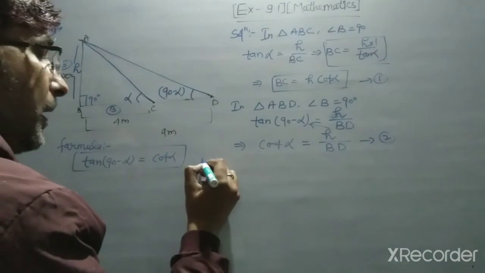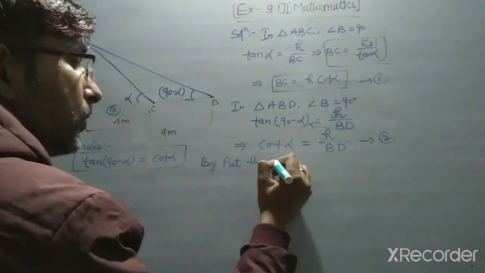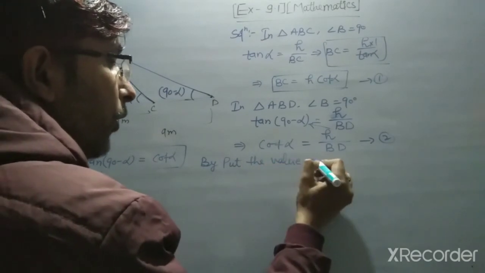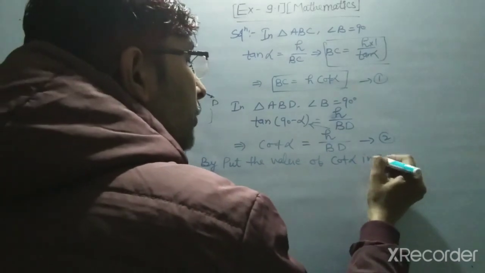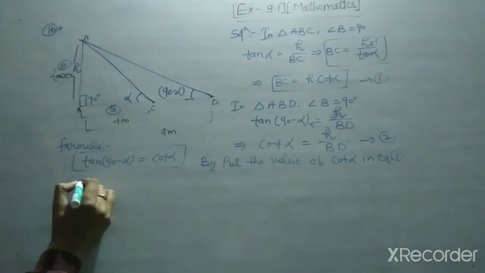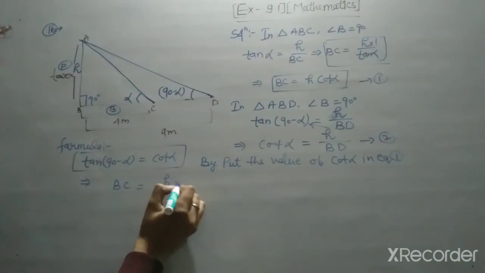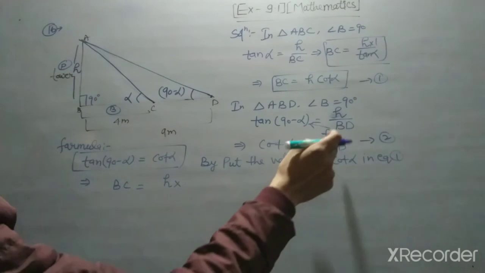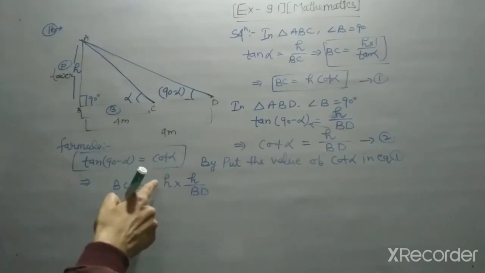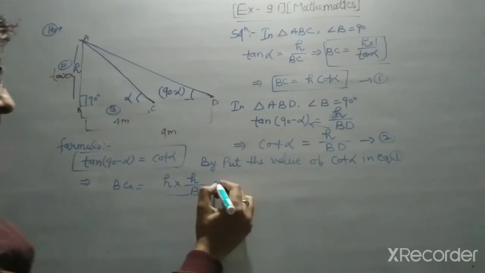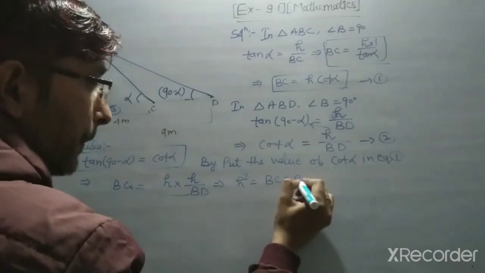So by putting the value of cot alpha in equation 1, BC is equal to h times cot alpha, and cot alpha is h upon BD. So h into h, and this value goes there. So h square is equal to BC into BD.